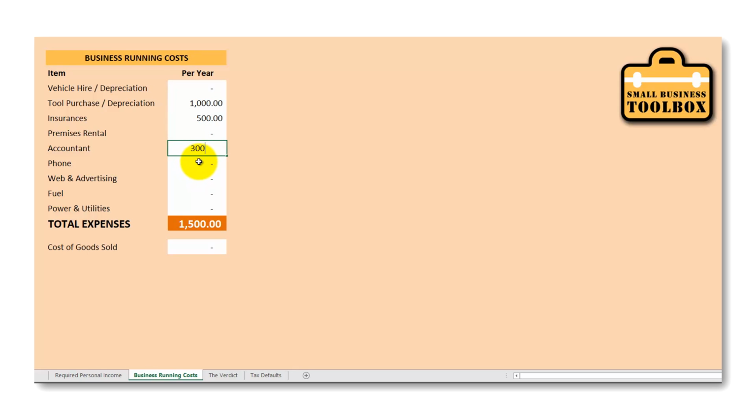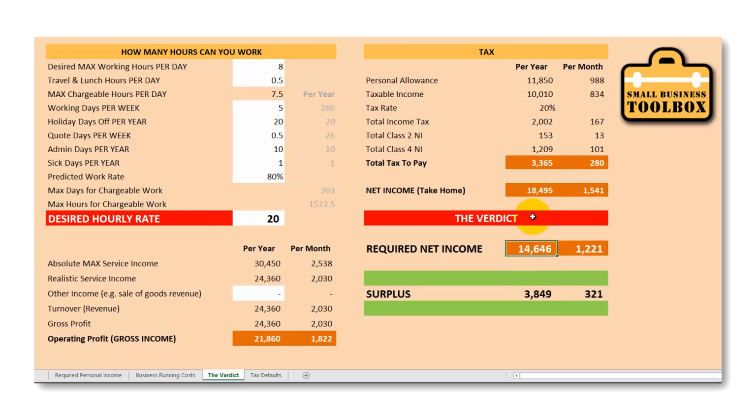Accountant, let's say getting it a bit cheaper, 300. Phone, I really don't see how you can get that much cheaper than 500. Web and advertising, 200. As I say, we're assuming you're not going to drive anywhere. So you're still going to have total expenses of 2.5 grand. We're only just getting past what you would make working at McDonald's, and we're still on these really optimistic parameters here.